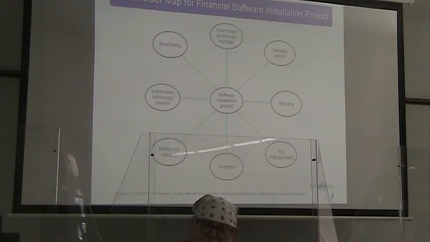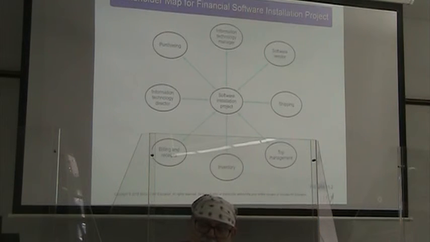Inventory, I've noticed they didn't put anybody down as such, they didn't say inventory manager, but obviously that's part of dealing with the financial software. The billing and receipts guys, man, they've got a huge stake in this working well.